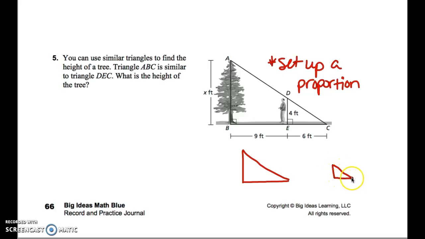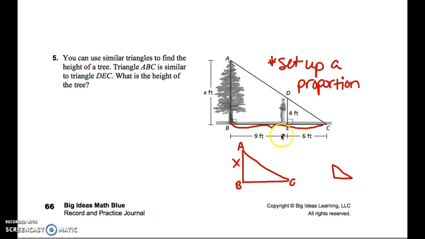Now I drew these out separately because it's easier for me to see, it makes it more visual. And I'm going to label the lengths of the sides that I know. So on ABC, I know that AB right here, this is X. That's what I'm trying to figure out. Now the length of BC, that is this entire piece down here.